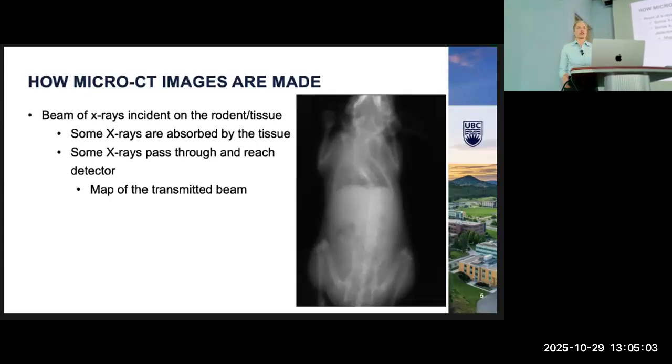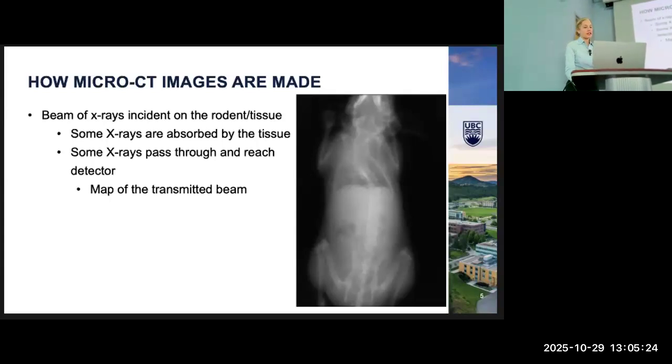In the XY direction, or in the plane of the detector, we can see how the different tissues are distributed. But we don't have much information about the Z direction, along the direction of the X-ray beam. So we don't know how thick our mouse is, and we don't know how that thickness is changing across its body.